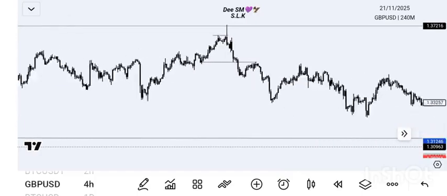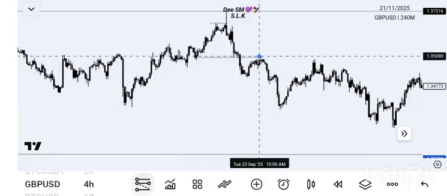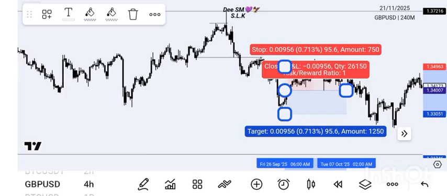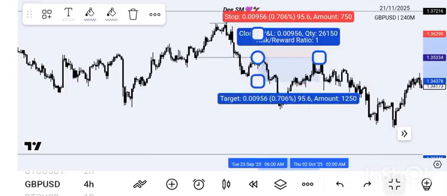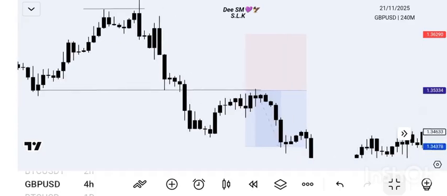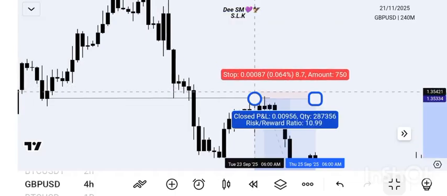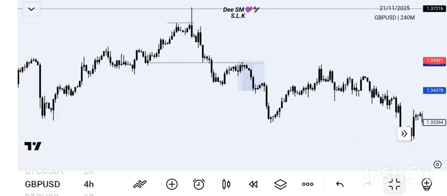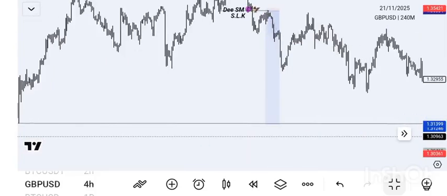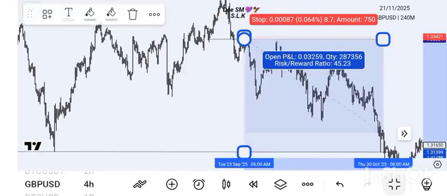So I can just take my entries from here, go short from like this. Stop loss will just be like 8 pips, and then I'll be targeting the low. So that'll be a nice trade.